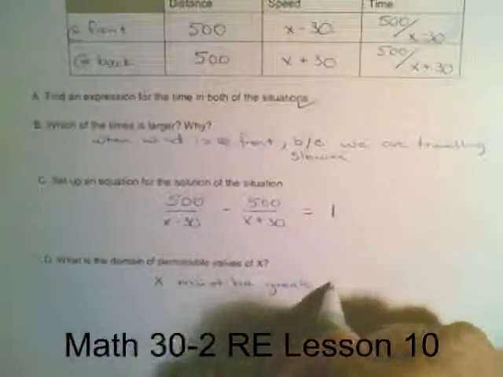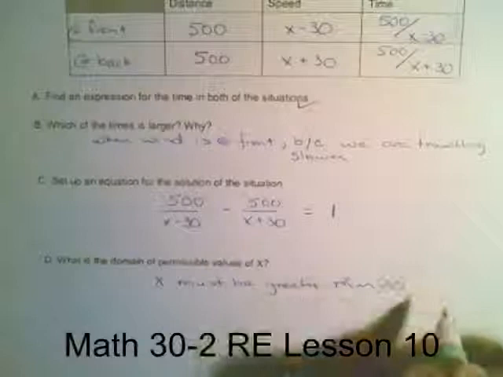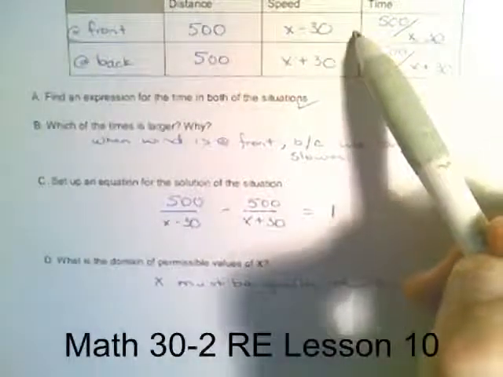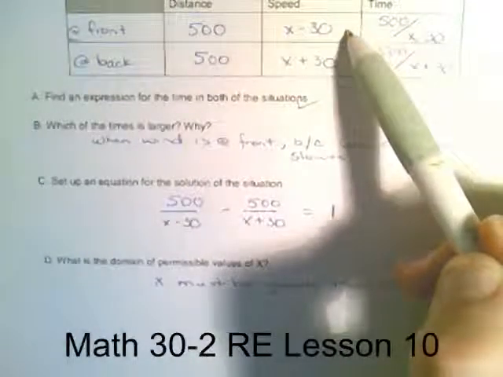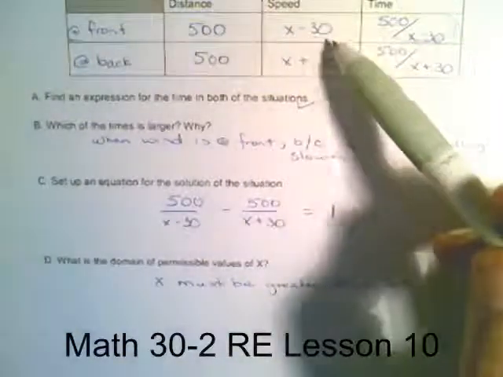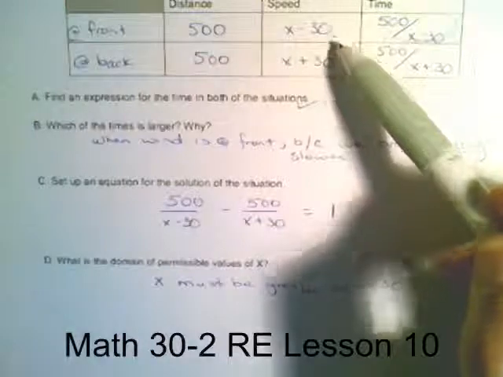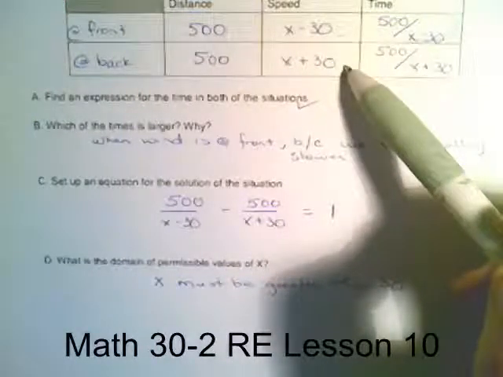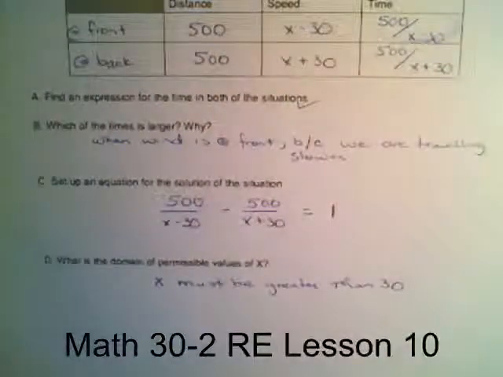What do I know about what x can be? Well, x is the speed in still air. If one of the speeds is 30 smaller than x, I know x must be greater than 30. It can't be less than 30, and there's going to be a maximum. X has to be less than 1 billion too, but nonetheless I'm absolutely certain that x has to be greater than 30, because if x is less than 30, then this speed doesn't make any sense.